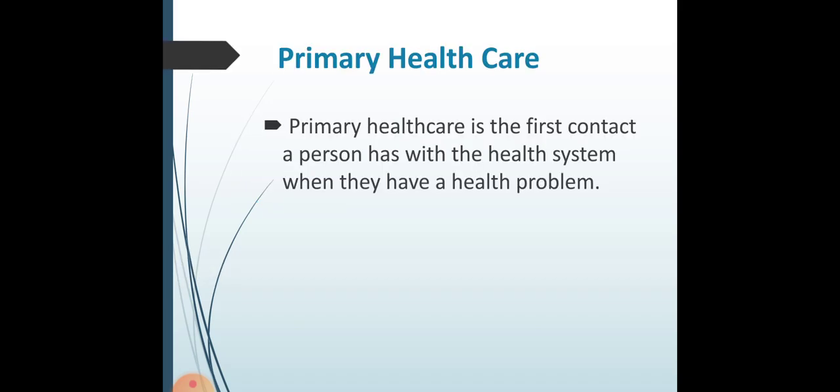Next is primary healthcare. So let us define what primary healthcare is. Primary healthcare is the first contact a person has with the health system when they have a health problem.